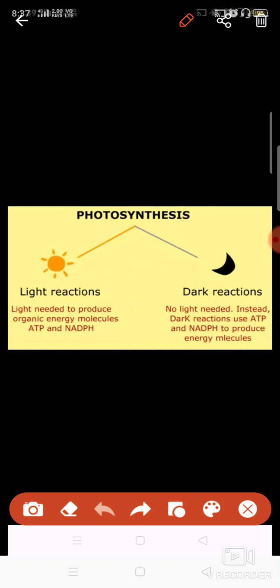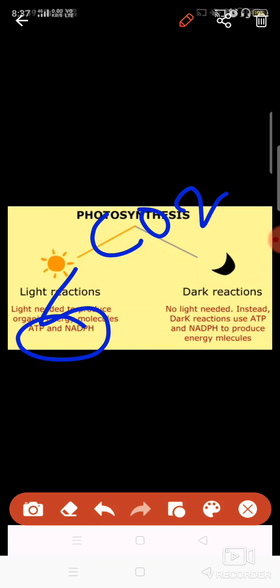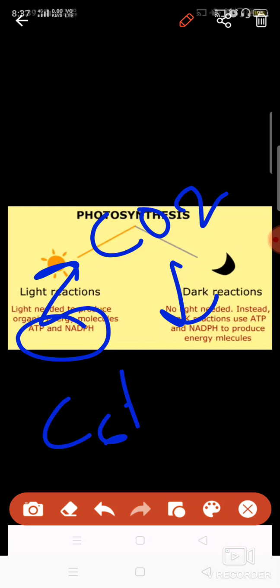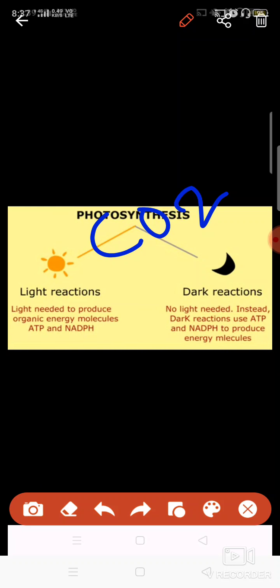These chemicals are used to fix the carbon dioxide which is taken up by the stomata. Using these chemicals, this carbon dioxide gets converted into glucose. So this occurs in the dark reaction.